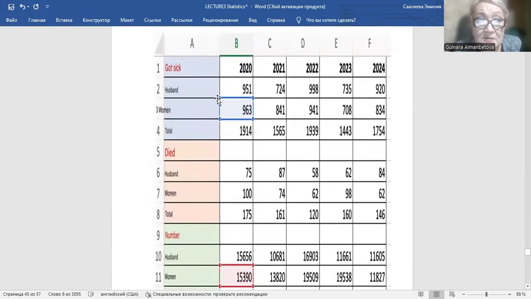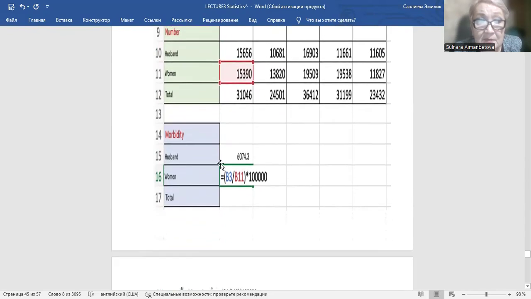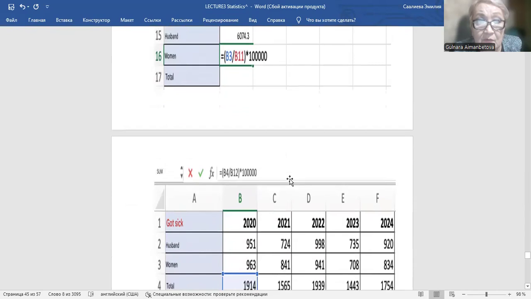B3, woman, B11, and we calculate by formula.